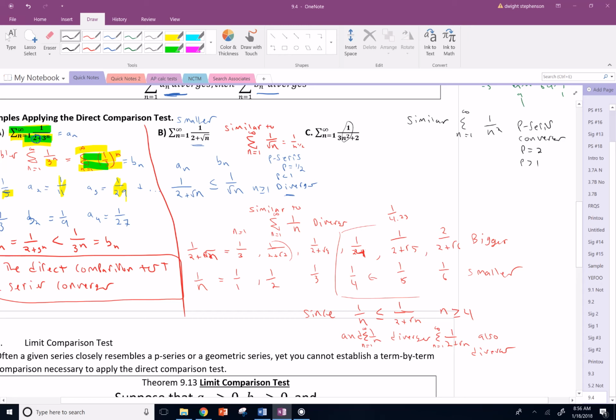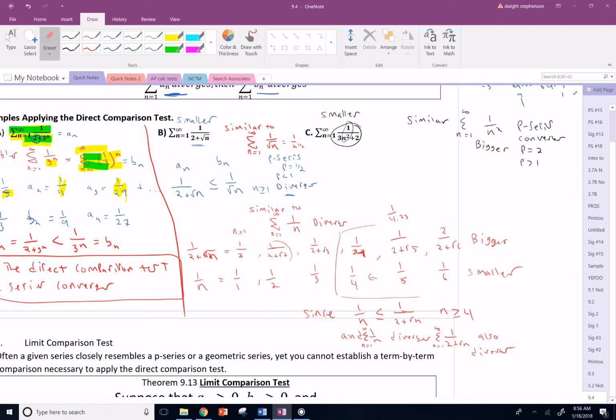So what we need to show is that if this one's going to converge, then this one needs to be the smaller one, and that one needs to be the bigger one. So we need to show that all these terms are smaller than that term.